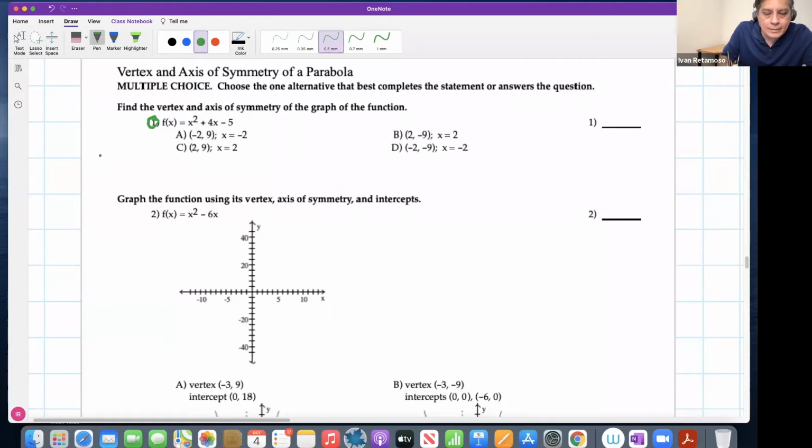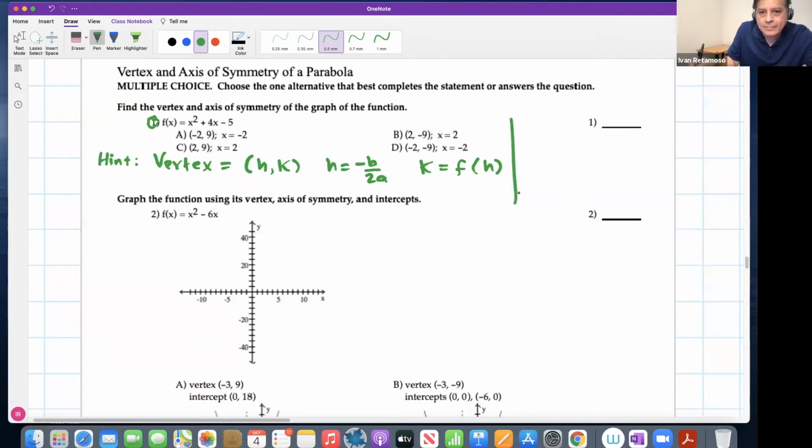I'm going to give a hint here. Vertex equals h comma k, h equals minus b over 2a, and k equals the function evaluated at h. Follow that and find your coordinates for the vertex. And then after that, x equals h is the axis of symmetry.